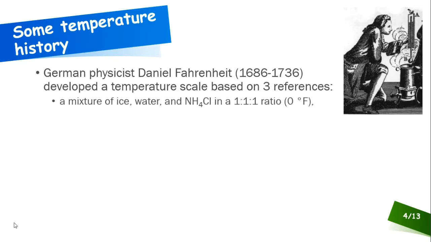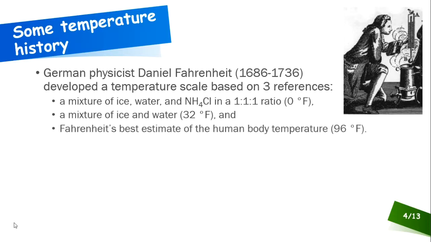The first was a mixture of ice, water, and ammonium chloride, and he assigned 0 degrees to that point. Then he took a mixture of ice and water and assigned 32 degrees to that point. And then he made his best estimate of the human body temperature, which, you can see his estimate of 96 was not too far off from the actual average value.